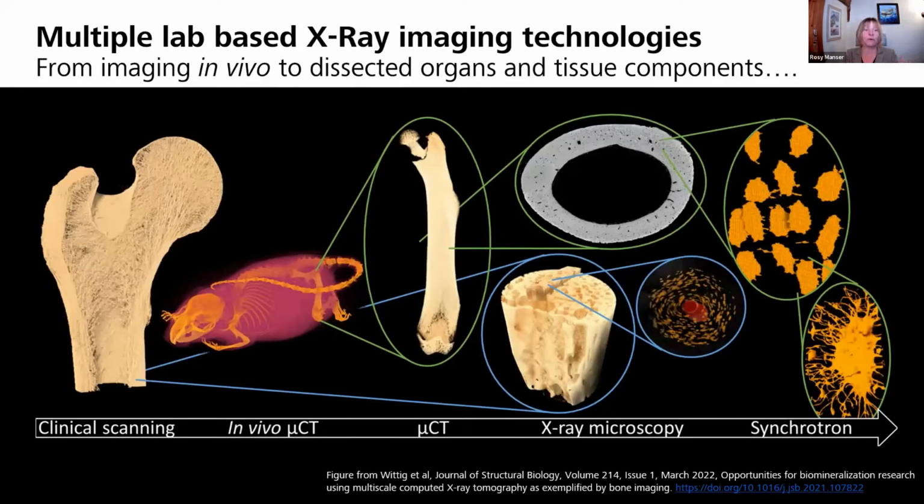So these are human bones that have been imaged here. In vivo, you can look at what's happening in the live animal. You can then move to micro-CT to start looking at the resolution of the bone morphometry inside the bone, X-ray microscopy if you need that higher resolution for the structures that you're looking at, and then moving on to the synchrotron for all sorts of other exciting experiments. So it's this real range of technology across multiple scales and capabilities that makes this area really very exciting.